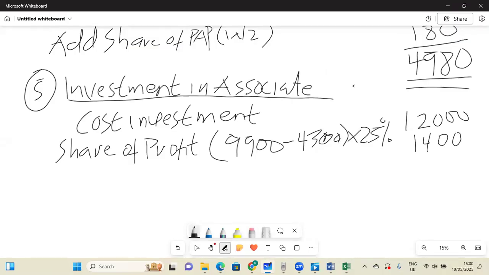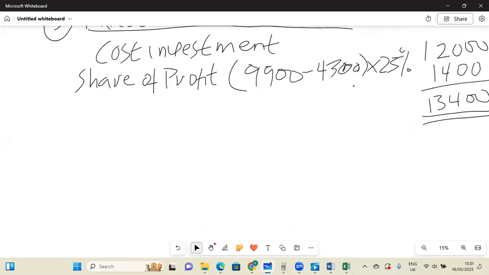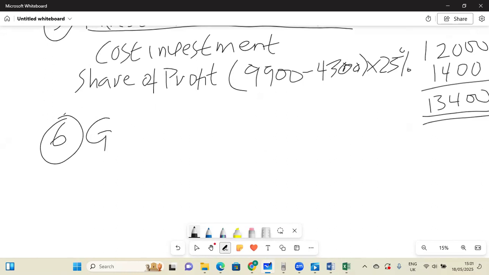Right now we close everything. And this will be our share of the associate. It is simple. Now the next thing we have to look at is the group retained earnings, which is basically the retained earnings of the parent.